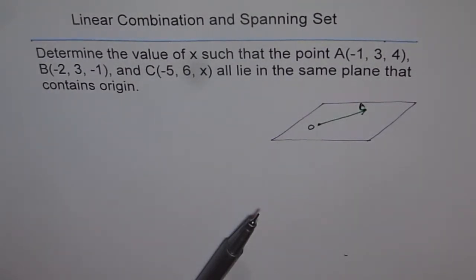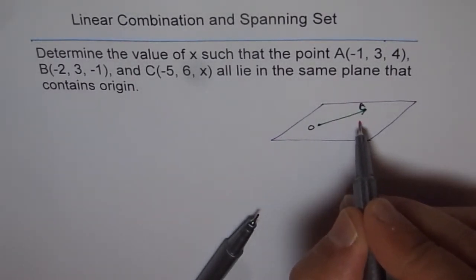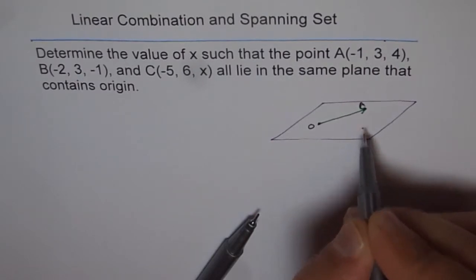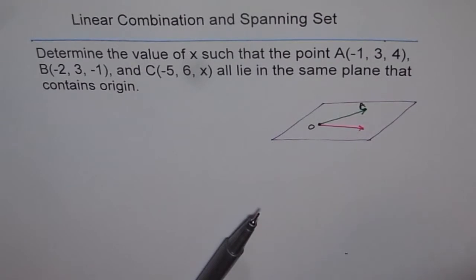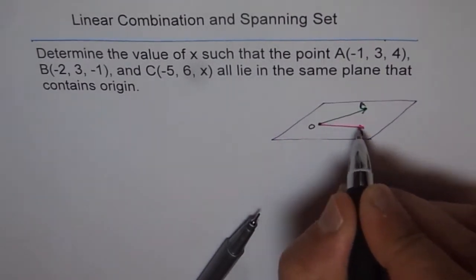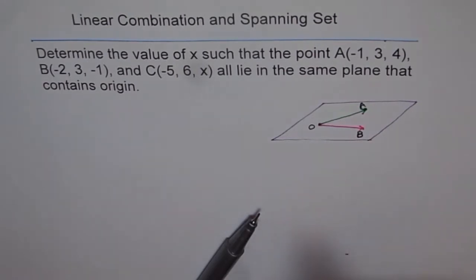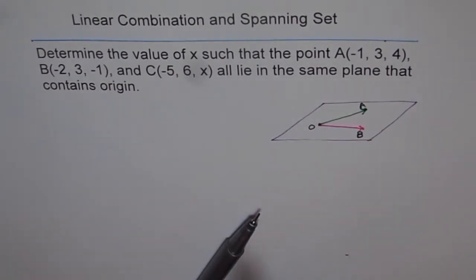And point B for us is (-2, 3, -1). So it's minus 2, 3 units along y, and 1 down. Let's say it is somewhere here, and this is my point B, and so OB is the vector in this direction, correct? These points actually give us the vectors.